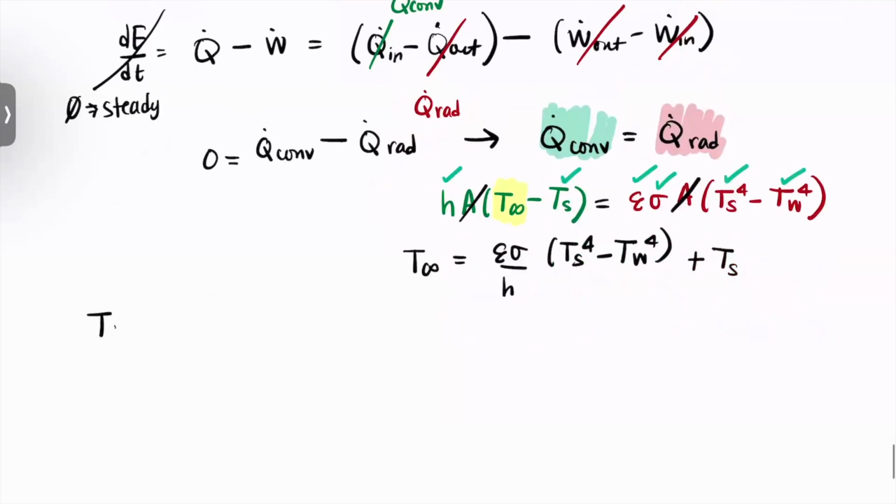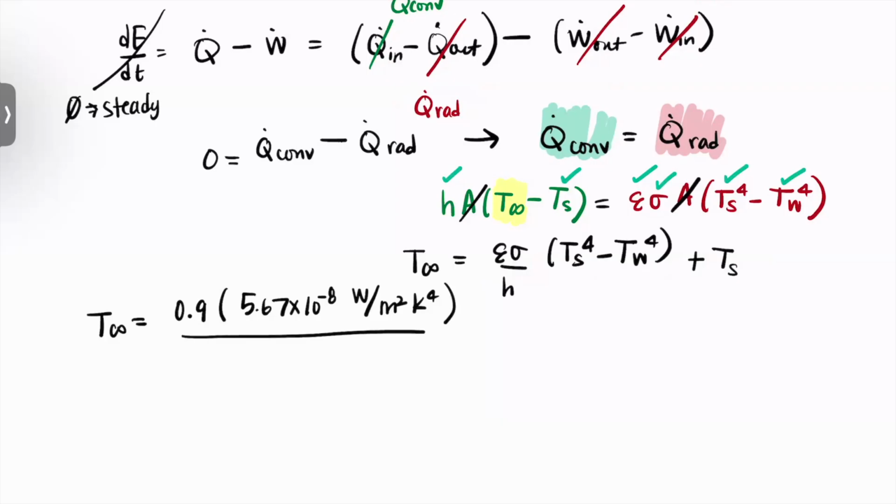All right, so I'm going to plug in all of those values and we get the following. So we have 0.9 times 5.67 times 10 to the minus 8 watts per meter squared K to the fourth. You guys must really love that constant, don't you? Divided by 200 W/m²K. And then I have the quantity of 1000 degrees C, so I have to convert it to Kelvin.